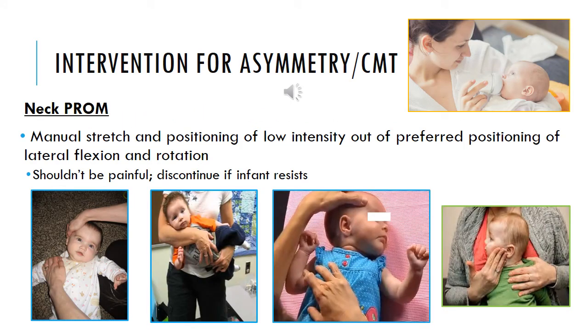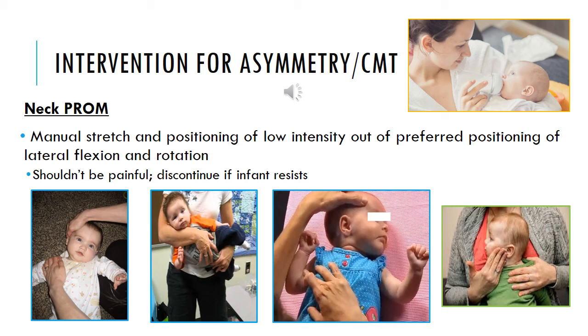As you might imagine, one of the most important goals for children with torticollis is to improve their passive and active range of motion, especially at their cervical spine. The first grouping of interventions we'll talk about are strategies used to improve passive range of motion of cervical rotation and lateral flexion.